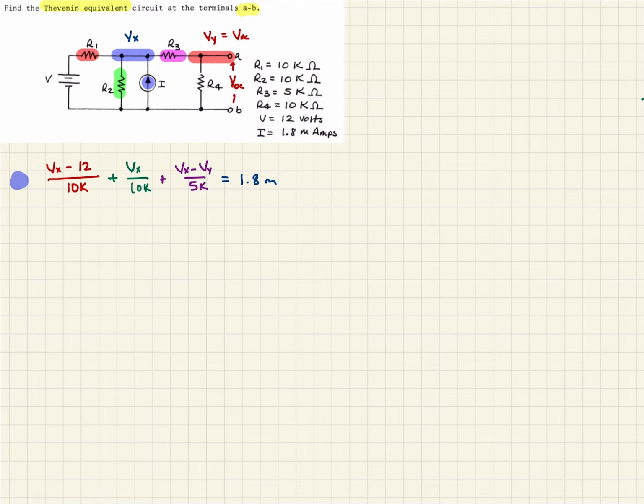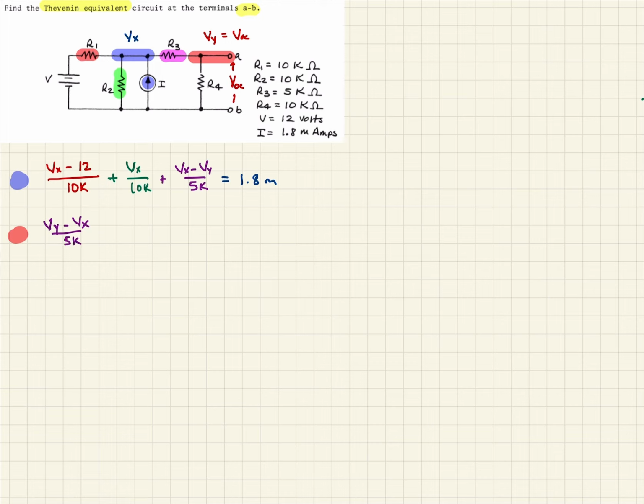So then we can come back here and do it for Vy. And when we do that, we see we already have the R3 term, so let's do that one. So that's going to be Vy in purple minus Vx, and that's going to be over R3, which was 5K.